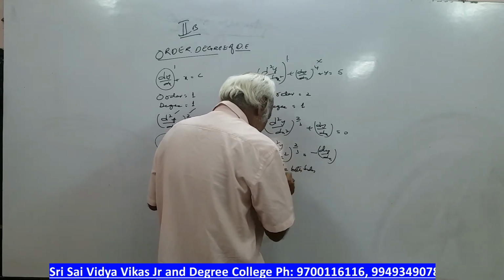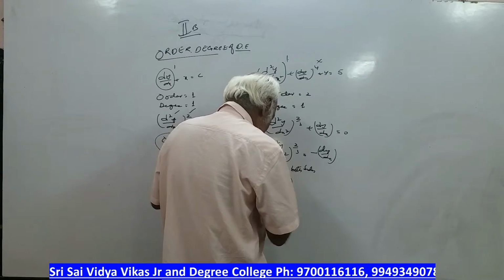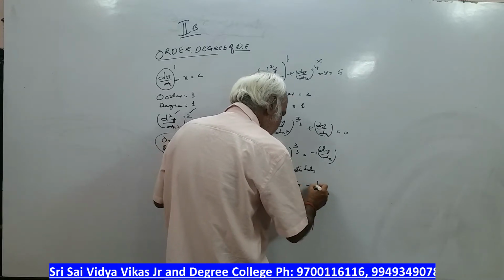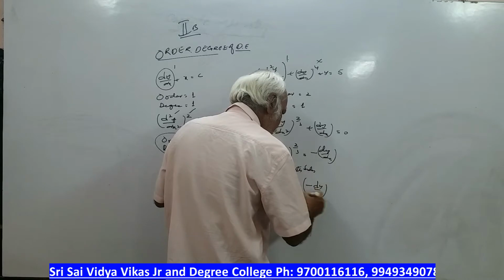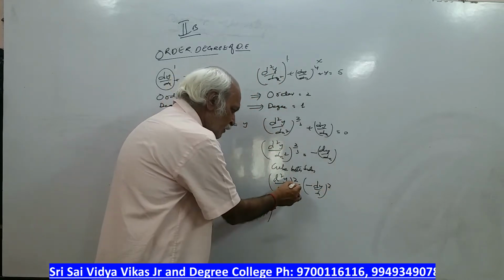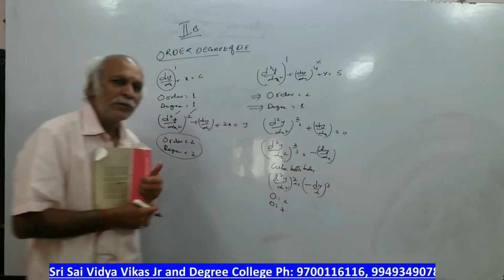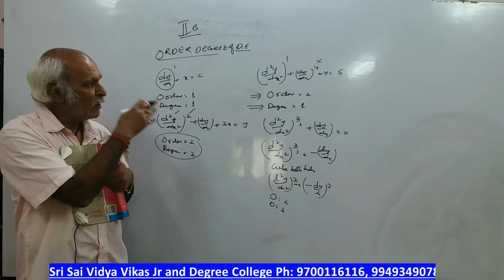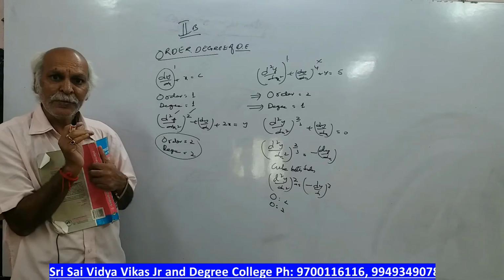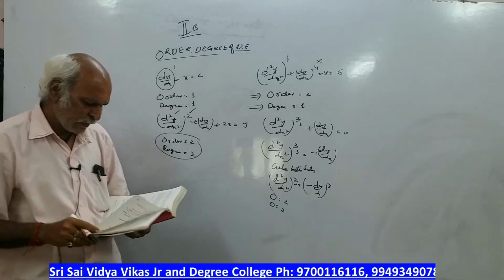Then what will happen? Whole square, whole raised to 3. Means order is 2, degree is 2. Means we have to see the order, and the power of the highest order derivative should be the degree. Okay, they will give this as a compulsory 2 marks question, sir.